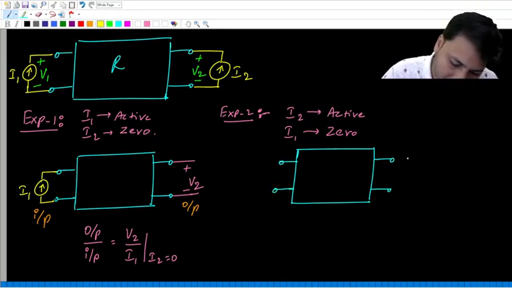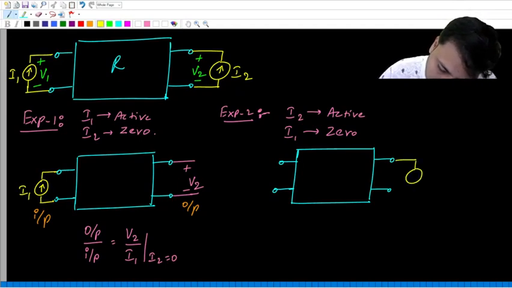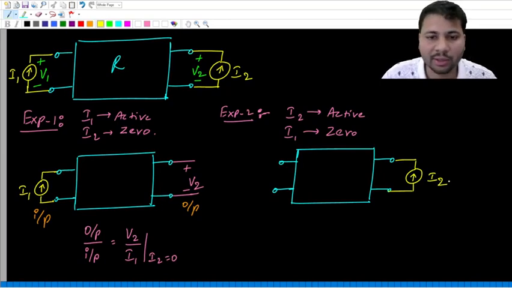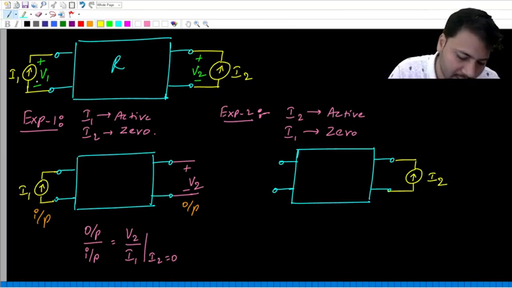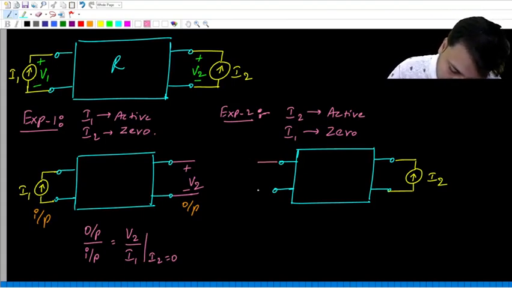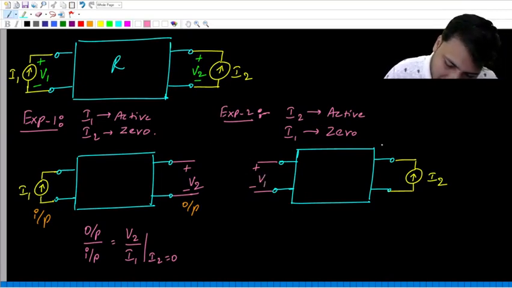Current source I2 is kept active, so on the right hand side we have I2, and on the left hand side the current source I1, if you make it 0, becomes an open circuit. Across that open circuit we can always measure the open circuit voltage, which is V1, and this polarity is the same as this polarity.